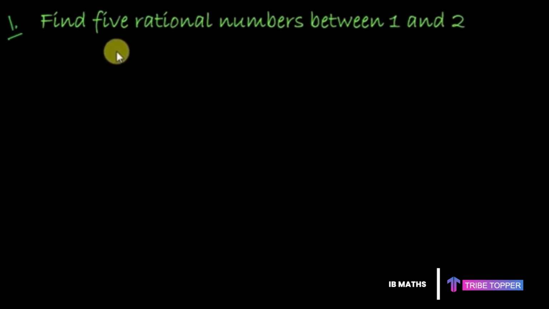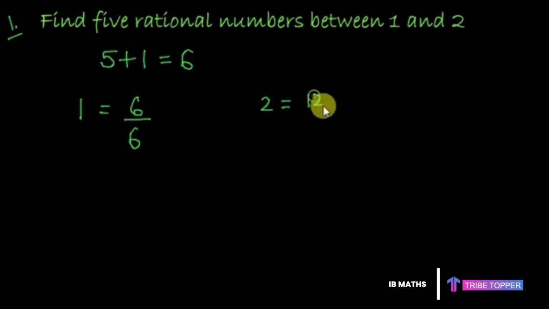So my requirement is 5 rational numbers and I want the denominator to be 1 more than 5, that is 6. So I can express 1 as 6 upon 6 because it's a rational number. We can express it in this ratio, and I would write 2 as 12 upon 6.